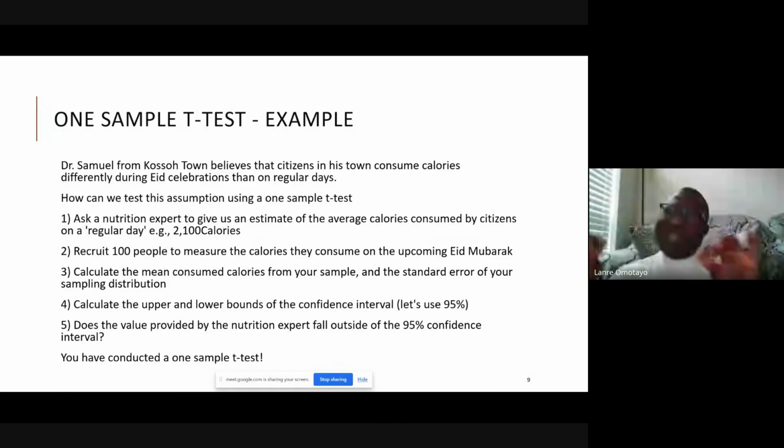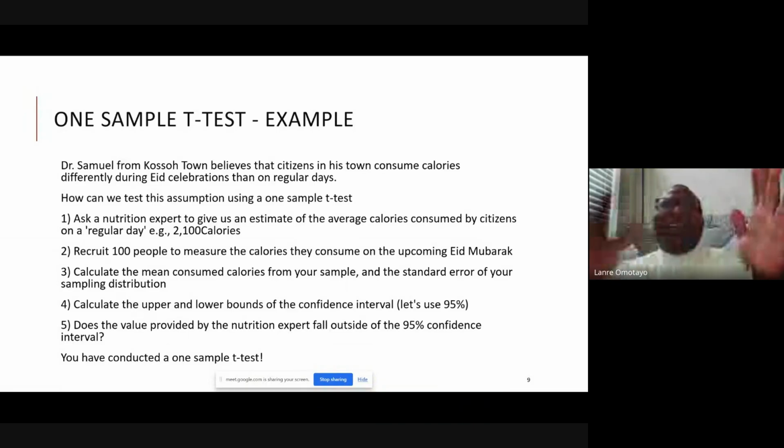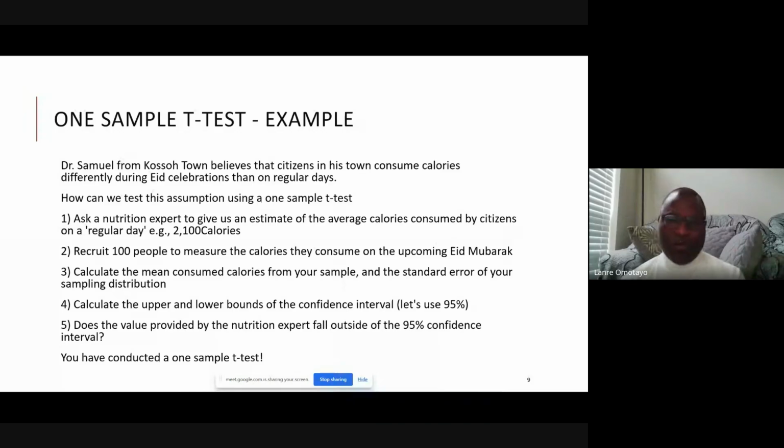Of course, 95% is the convention, but we can calculate it for any amount of confidence. But we know with 95% confidence that had we measured everybody on each day, the amount of calories they've taken would have fallen within this range. Do you understand? For you to be able to compute that range, you need to calculate the standard error.